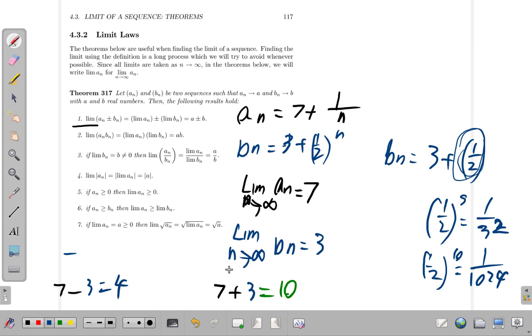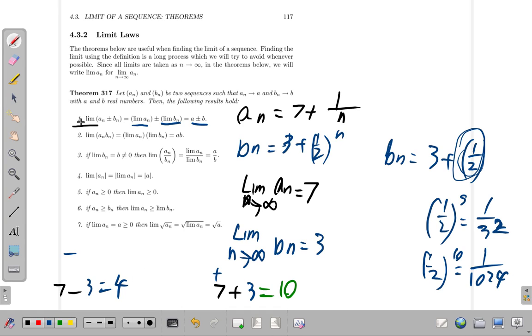That's what would happen if we minus, and this is what would happen if we plus. We found the limit of an alone, which is 7, and the limit of bn alone, which is 3, and that 7 plus 3 is 10, and 7 minus 3 is 4.